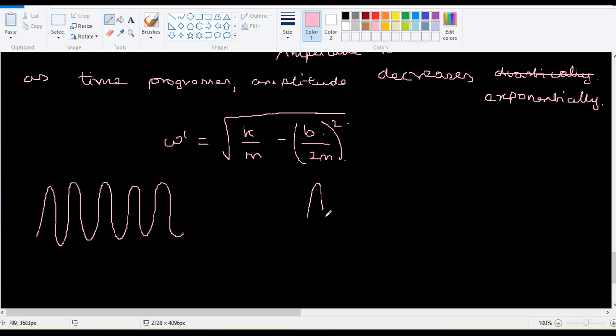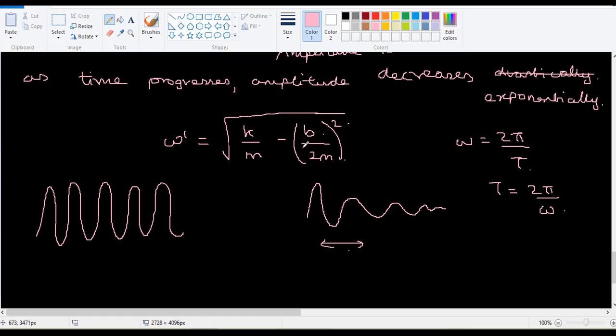But what if it changes to this? What happened? The time period increased. So when this value increases, this value will decrease. You know that omega is equal to 2 pi by T. That means if omega decreases, since time period T is equal to 2 pi by omega, the T value will increase.